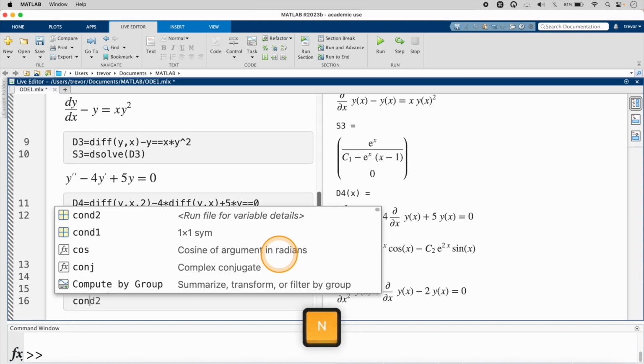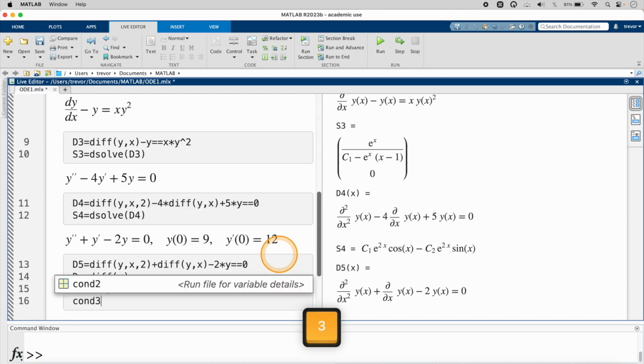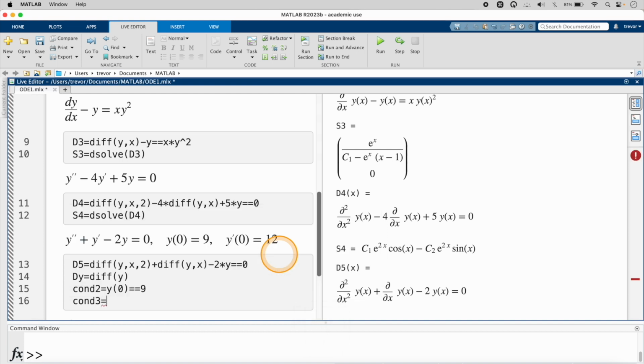Then condition 3 is equal to dy at 0. Define the equation by double equal signs. Here it is saying the derivative of y at 0 is equal to 12. So it's dy at 0 is equal to 12.